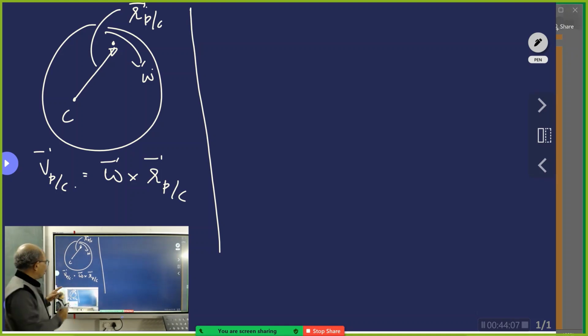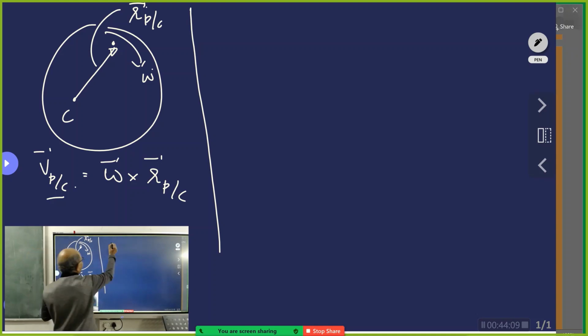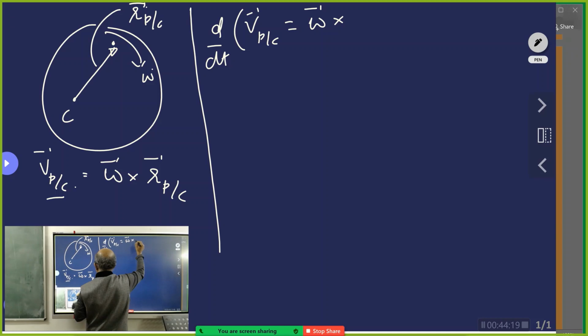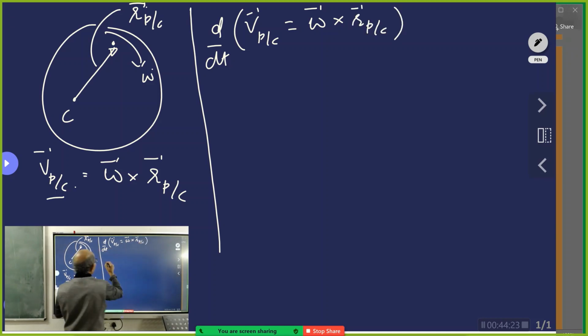So this is it. Now, if you differentiate this, the left side term, V bar PC, is equal to omega bar cross R bar PC. Then the first term will become A bar PC.